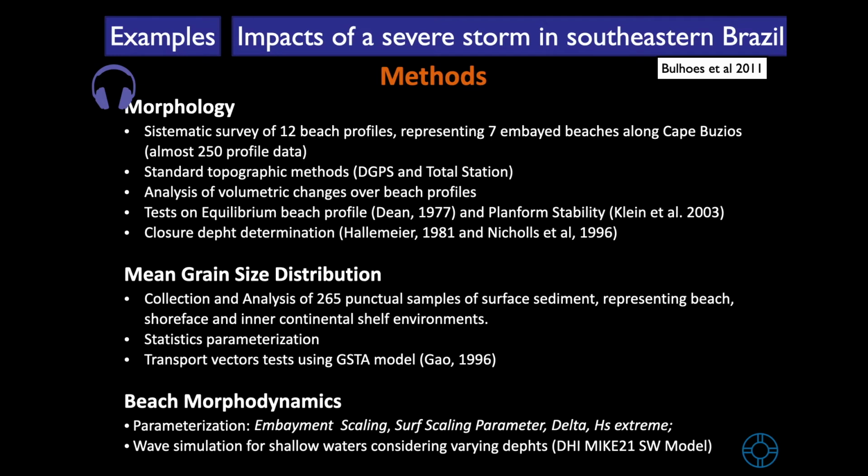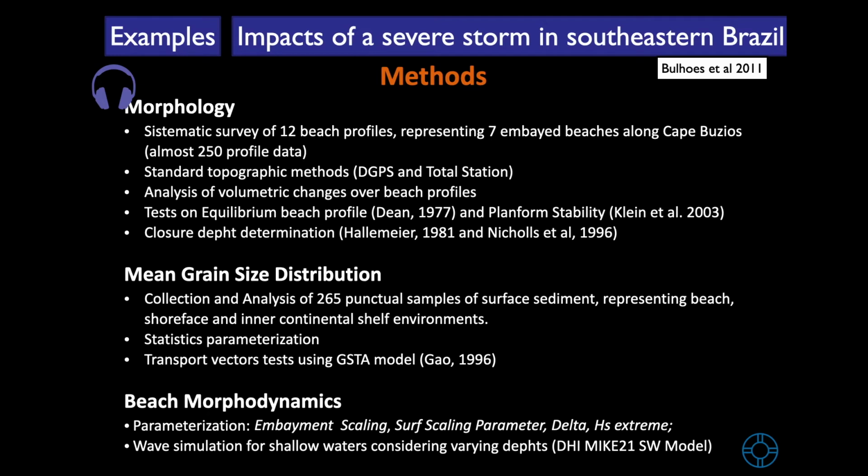For the morphology, we have made systematic surveys of beach profiles using standard topographic methods to analyze volumetric changes over beach profiles. So we have tested the equilibrium beach profiles and planform stability of pocket beaches and bay beaches.